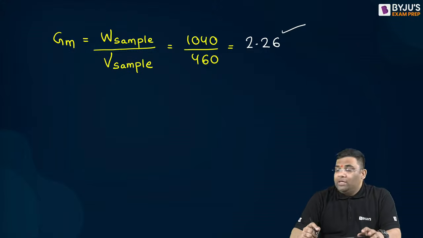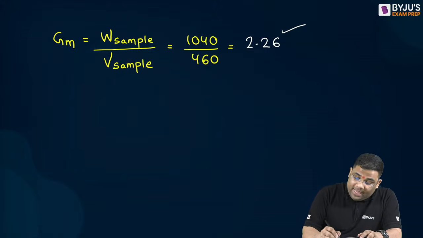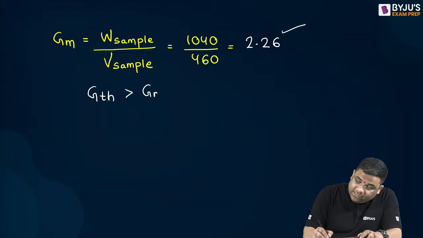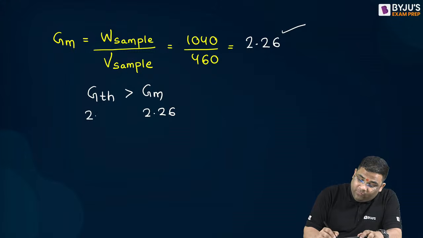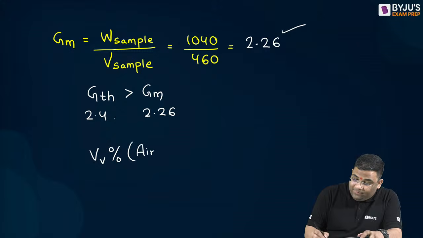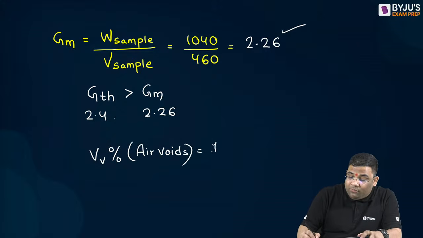So now, as I told before also, G theoretical will come more than GM. You see, this is coming 2.26 and this is coming 2.4, right? So if I am interested in finding out the percentage air voids, what will be the value? It will be 1 minus GM by G theoretical into 100.